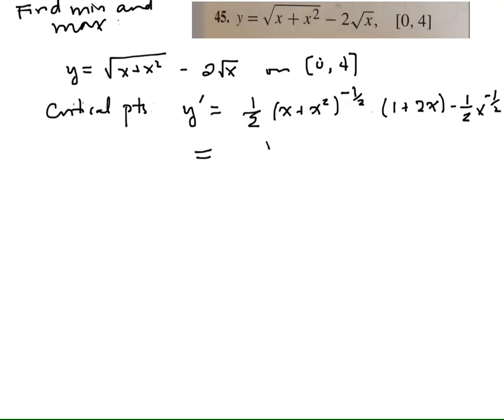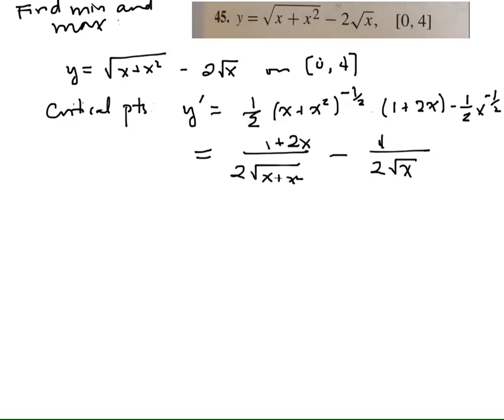So it's 1 over 2 square root of x plus x squared, 1 plus 2x in the numerator, minus 1 over 2 square root of x. Okay, so this is the derivative.